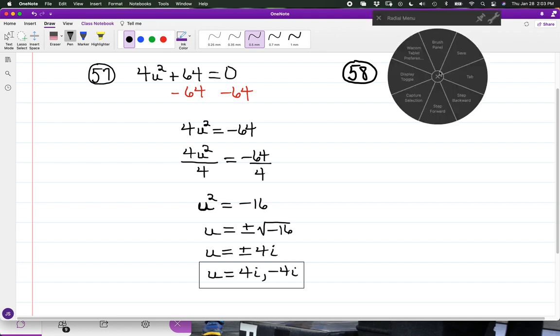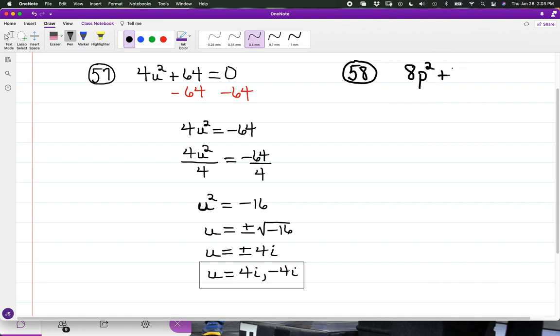This time we have 8p squared plus 72 equals 0, and getting the p squared term by itself, I can undo the addition by 72 upon subtracting. And so we're going to have 8p squared is equal to negative 72.